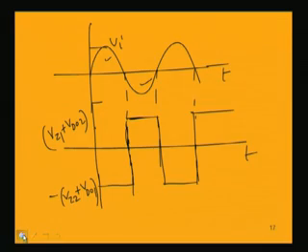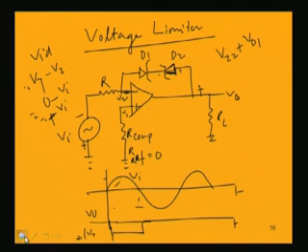So, in a similar circuit, suppose we consider only one Zener diode instead of two, and this one has been removed.